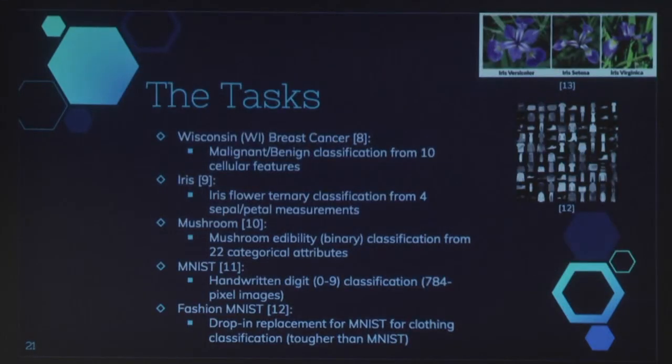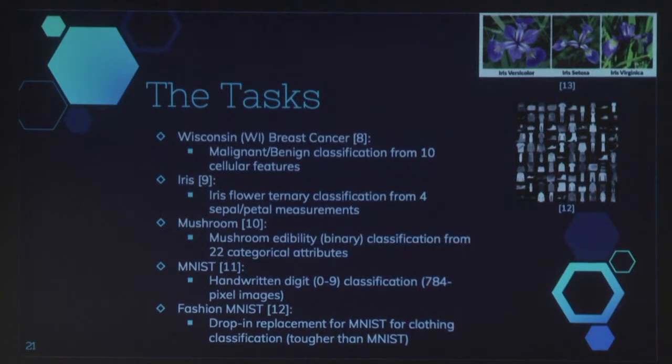We looked at five different tasks in our implementation. The first three are really baby tasks, but because we are doing a hardware implementation, we wanted to see initially how it performs with these simpler tasks. For the last two, a lot of you are probably familiar with MNIST, a handwritten digit classification.